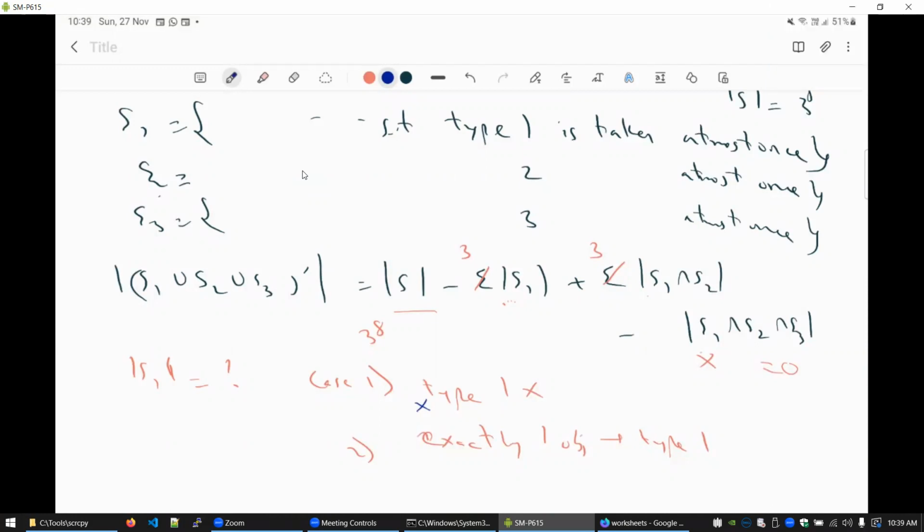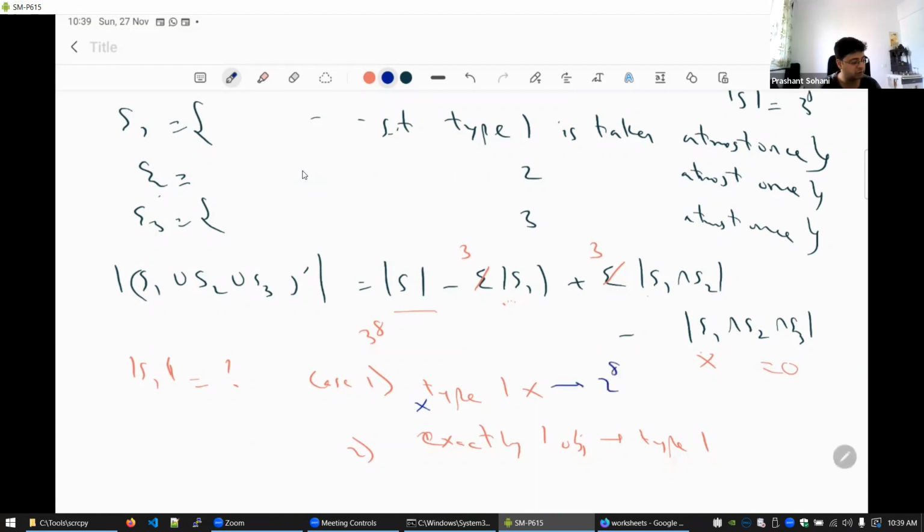No, but again, you are making the mistake of assuming they are identical objects. I mean, the boxes are distinct, right? Oh, yes. So it will be the same as what we did earlier for onto, right? 2 raised to 8, because each object has 2 choices, either it is of type 2 or type 3. The answer of this will be 2 raised to 8.